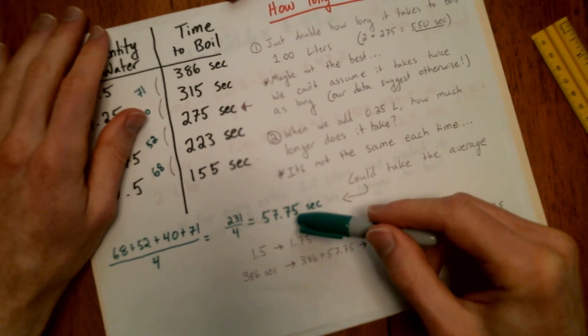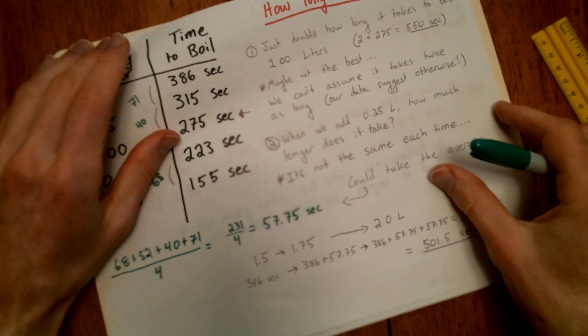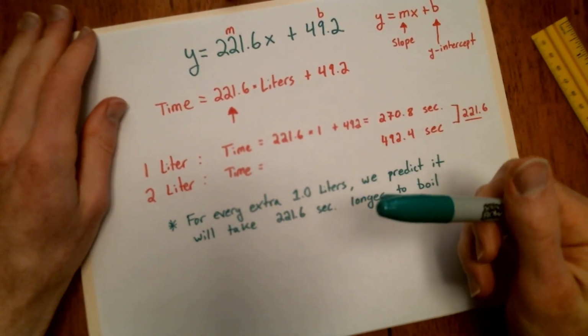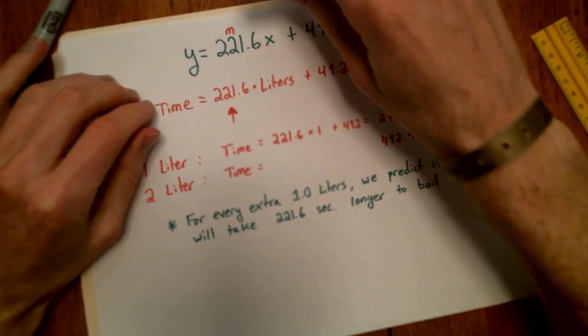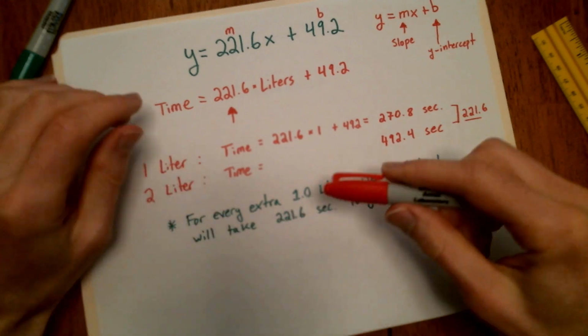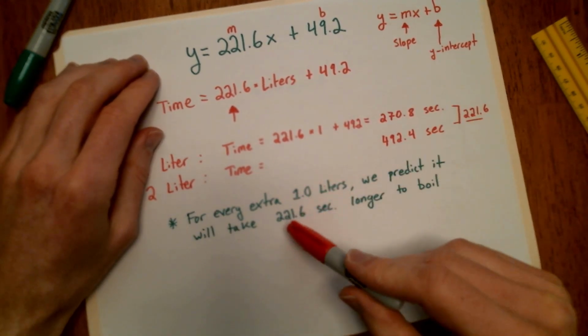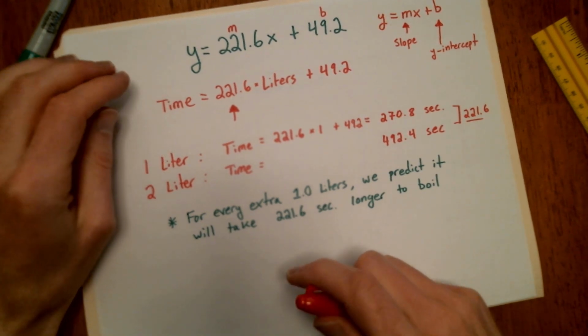This was predicting that if I added in a whole liter, it would take me an extra 231 seconds. The number here is slightly different because we went by a slightly different method. Excel used this line of best fit to get this number, but it's the same idea. It's just telling me that it's going to take an extra 221.6 seconds longer to boil.